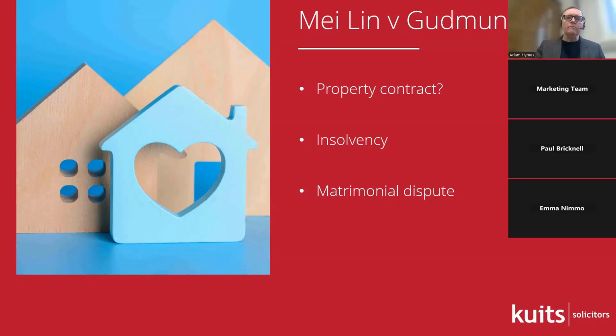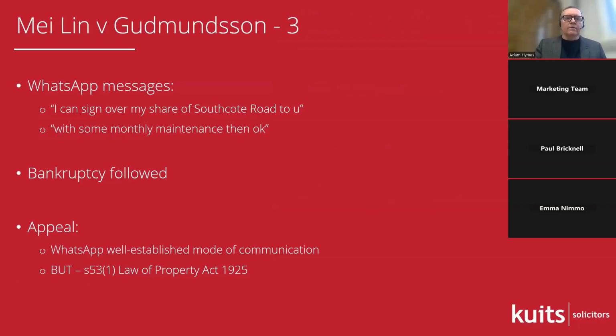Next slide, please. In summary, some of the key points in the case of Mylan and Goodmanson, the actual WhatsApp messages, I've abbreviated them here, but one of the parties sent a message saying, "I can sign over my share of Southcote Road to you," Southcote Road being a property in London, the relevant property in that case.